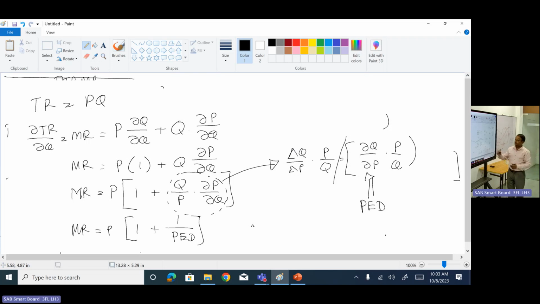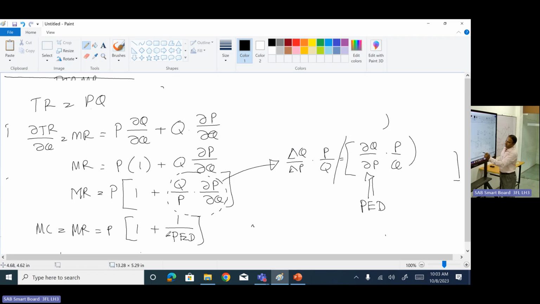Now, instead of demand, you can write MC here. MC is also equal to price times 1 plus 1 over PE. Now, the price elasticity of demand is always negative, because there is an inverse relationship between the price and the demand.